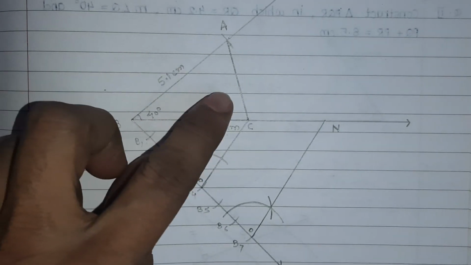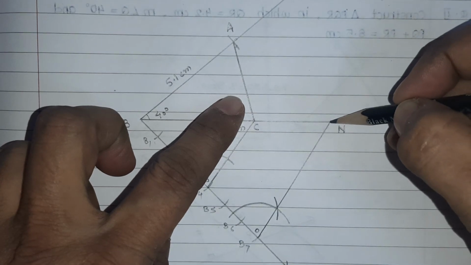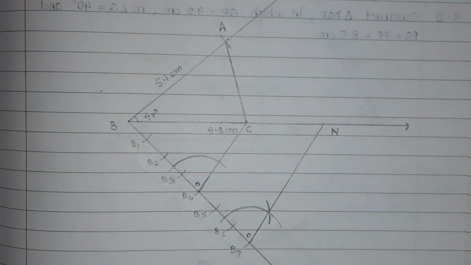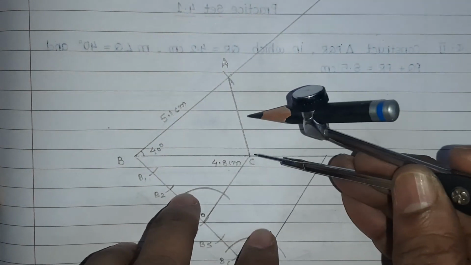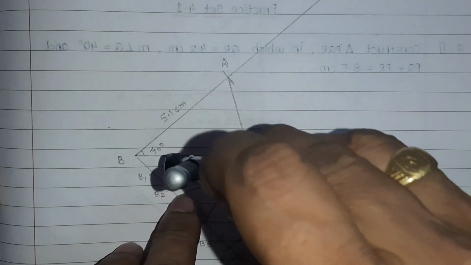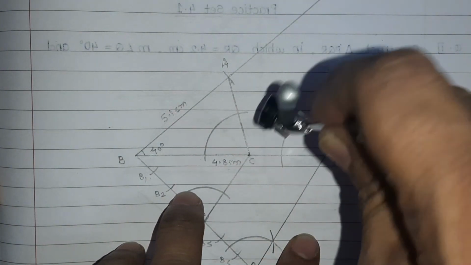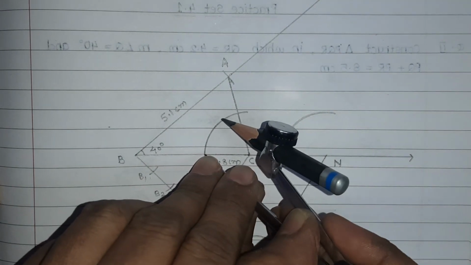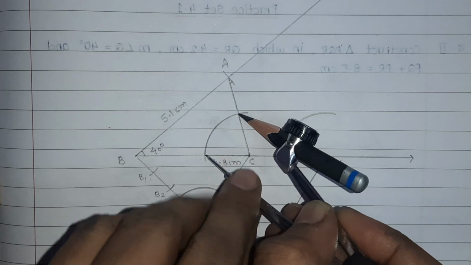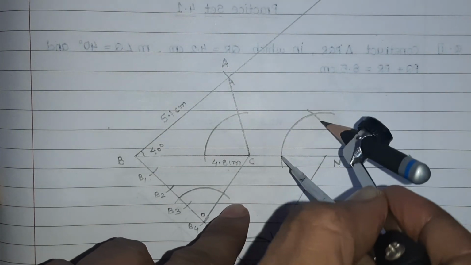Now dear student, at the point C, AC is there. From this N we have to draw the parallel to this AC, and again we have to do the construction of congruent angles, because corresponding angles are congruent when the two lines are parallel. Therefore take a sufficient distance, make an arc like this, put the metal point on N and make the arc like this. Then put the metal point on this arc, take this much distance and put this metal point over here and draw the intersecting arc.